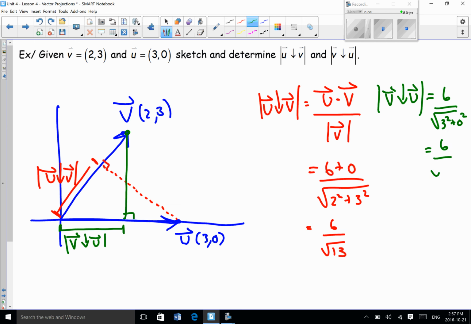So 6 over root 9, which is 6 over 3, which is 2. Okay, so different values for sure. And if you look at the picture, they look like different lengths also. And that's why we find scalar projections.